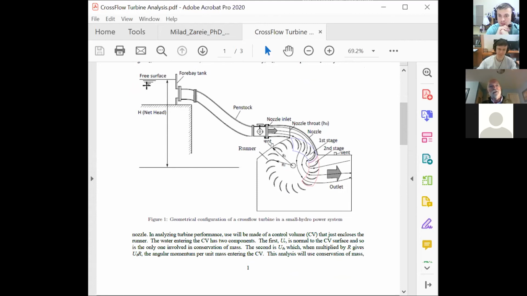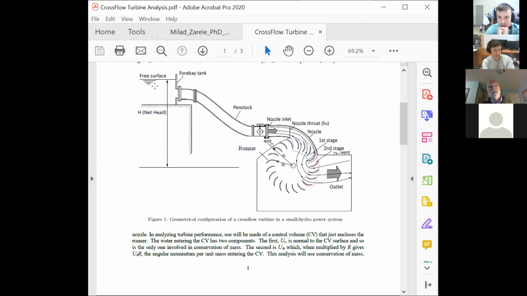In scale terms, this height would typically be considerably larger than the diameter of the turbine, but I wanted to cut the image down enough so we could concentrate on the turbine itself. Okay, so that head H, and we can call that a net head, and I'll explain what we mean by net head when we get on to the course next week. That is the potential energy that is extracted by the turbine.